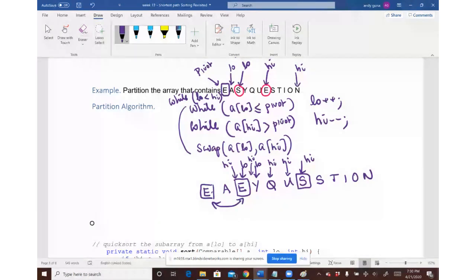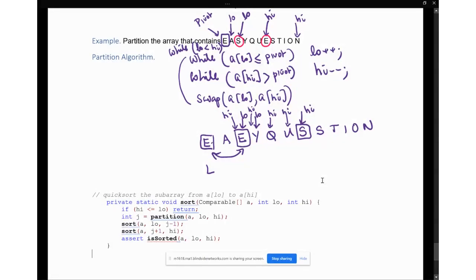And you're going to get, oops, 1 second here. So you're going to get E, A, E, Y. So that's the pivot, Q, U, S, S, T, I, O, N. So this is the main idea of the quicksort.